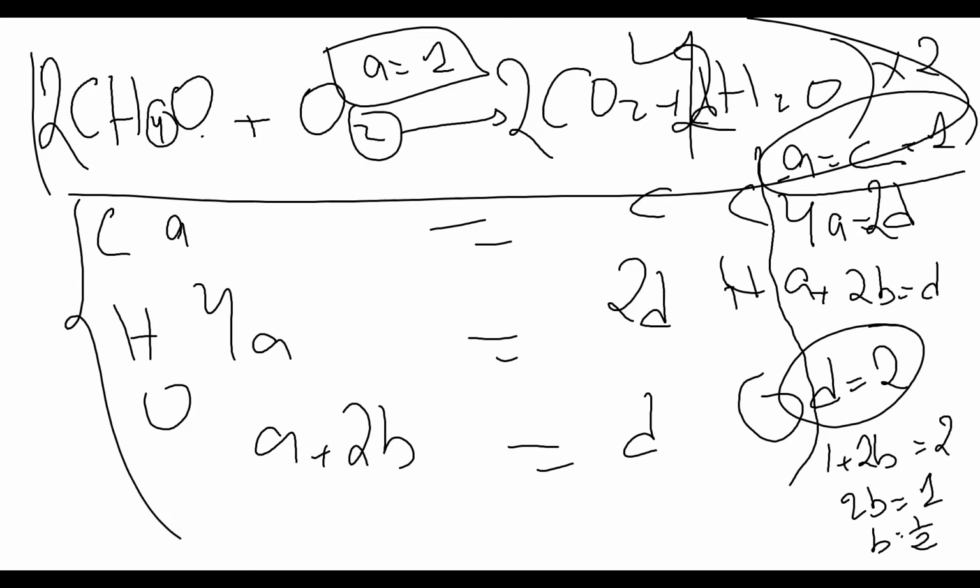So try to do this super fast. Put one of the subscripts equal to 1, and then try to solve it mathematically, and then you will end up with a very good, easily balanced equation. Instead of thinking, oh, we have 1 C here, and we should have 2 C, this way is much easier, much more mathematical. Okay. So where were we?